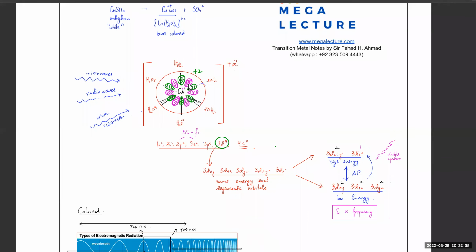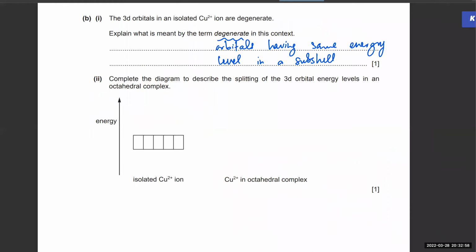In other ones, it becomes easier to keep electrons because of the repulsion coming in from the lone pairs on the ligands. So in this case, for example, in the pink ones between the axes, it's easier to keep electrons. In the green ones, it's harder to keep electrons. So your d subshell splits into two energy levels. And that is what causes colors of compounds as well.